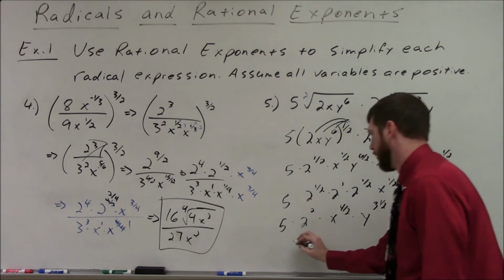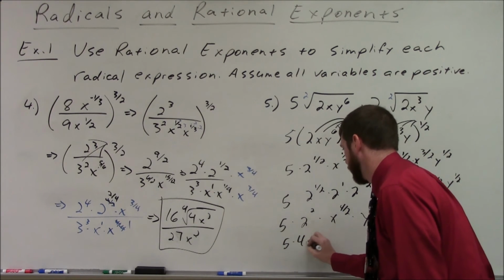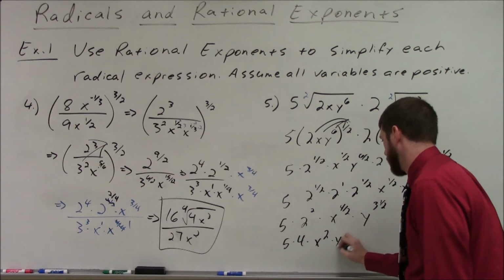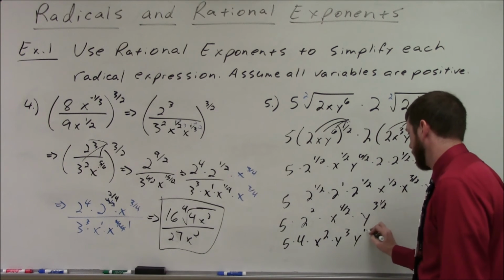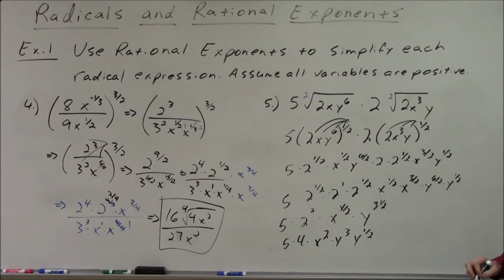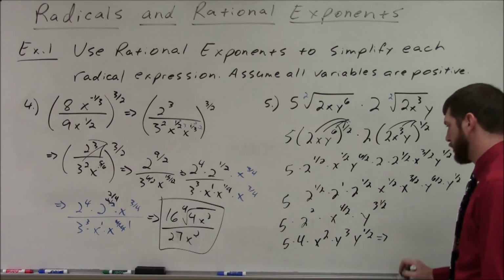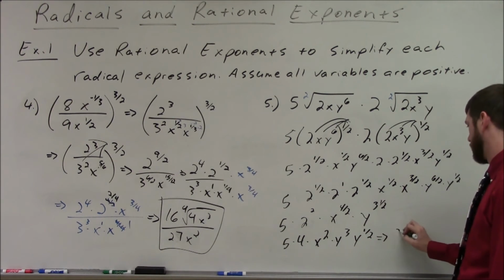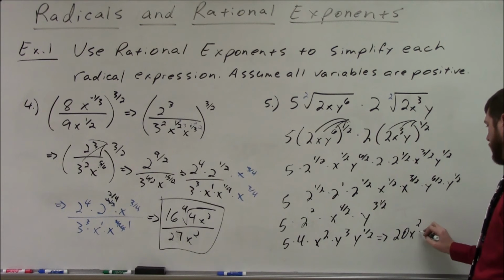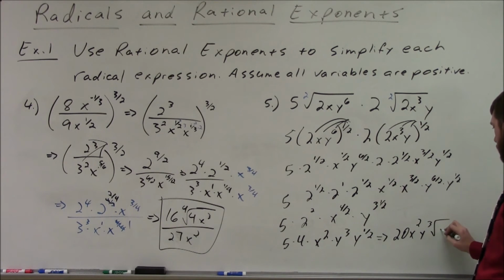So from there, we get 5 times 4, x squared, y cubed, with a half a y, or y to the 1/2 left over, which should give us 20x squared, y cubed, square root of y.